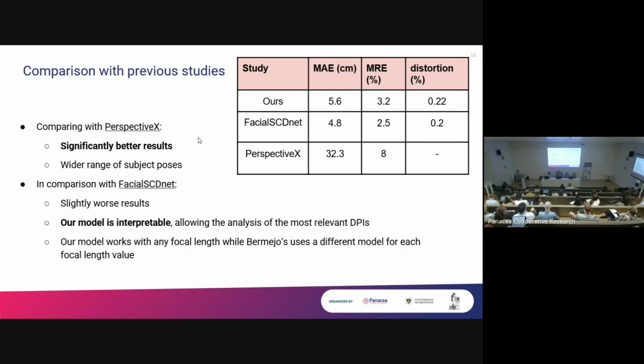And if we compare against our deep learning method, we get competitive results. We are slightly worse, but one of the advantages is that our model is much more interpretable. We can check what DPIs are actually being used, and our formula is much simpler. Another drawback of the other method is that they needed to train a machine learning model for each focal length, while in our case it is the same model for all focal lengths.